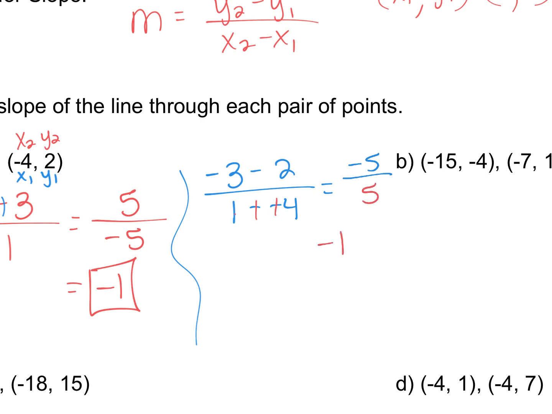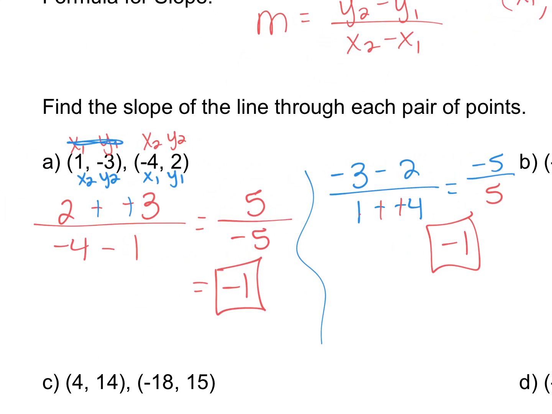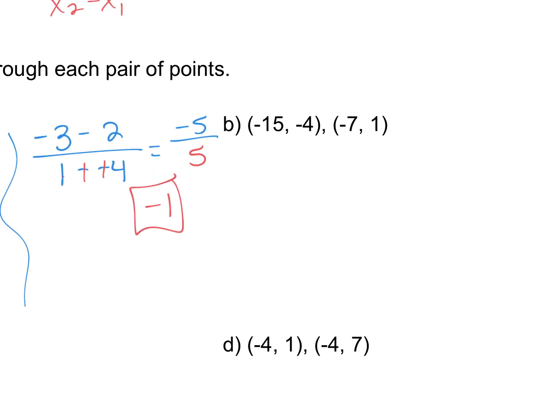Negative 5 over 5 is negative 1. So long story short, you get the exact same answer. So it doesn't matter, as long as you are consistent with labeling your points, you will get the answer correct no matter which one you want to be your x1, y1 or x2, y2.